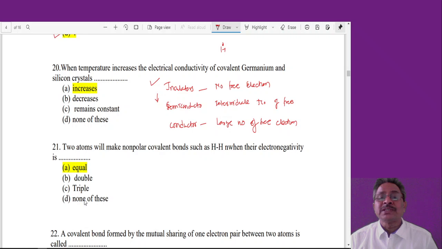Some of the electrons are made available, and therefore as temperature increases, the conductivity of this material goes on increasing. Whereas in metal, as you might have heard earlier, when we increase the temperature, its conductivity decreases.